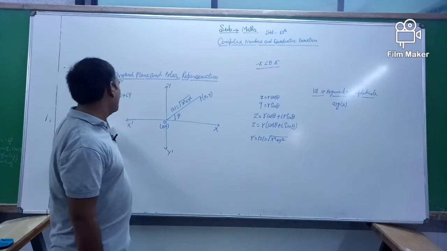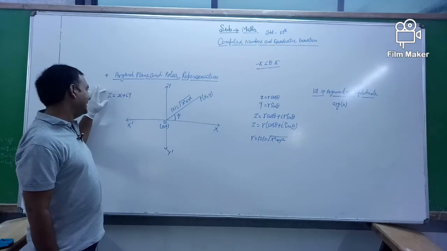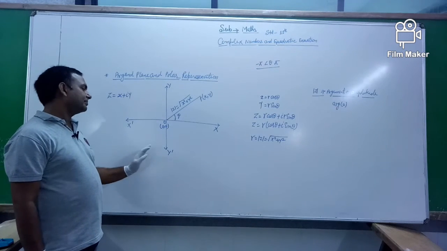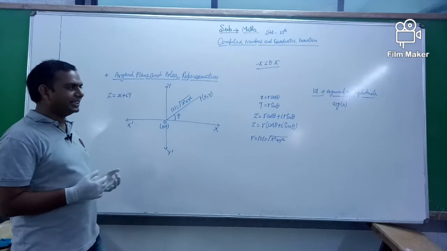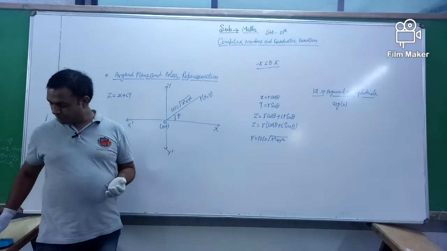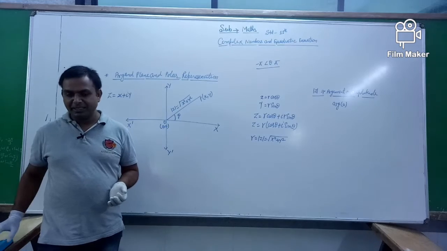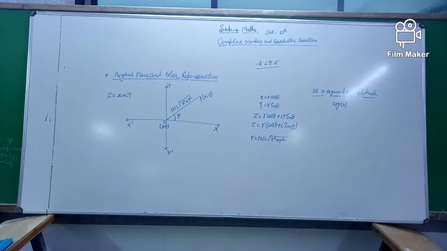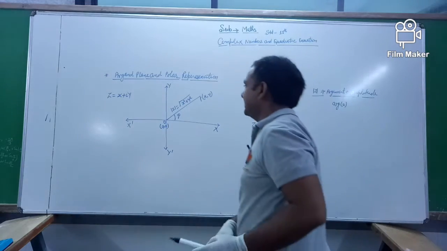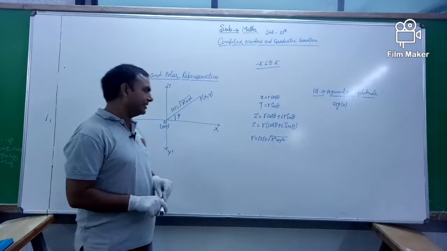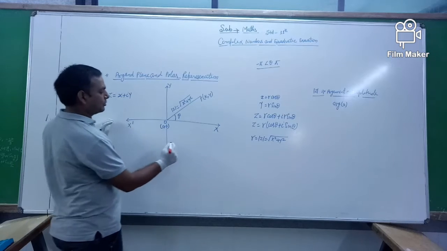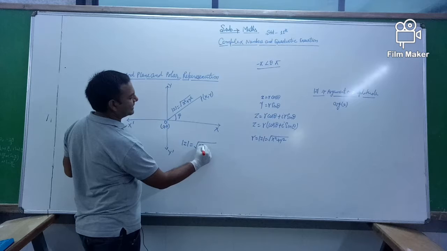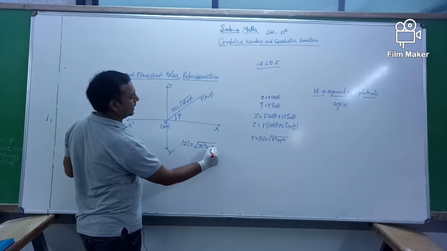All of you know that a complex number is written in the form z is equal to x plus iy. First you find the mod of z, the modulus of z, which is equal to under root x square plus y square.